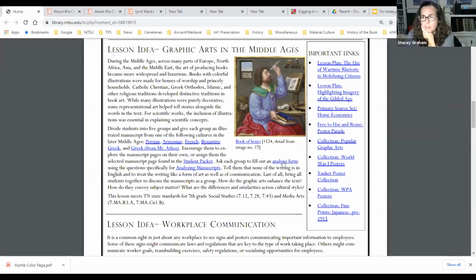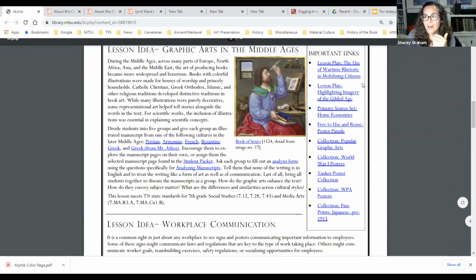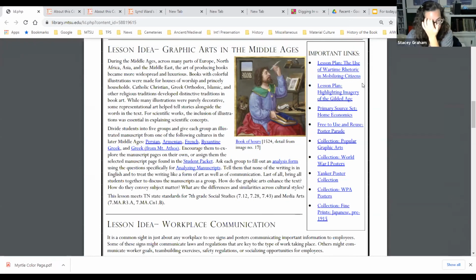We do have some lesson plans that use posters, use graphic media as the primary source format, including one about wartime rhetoric and mobilizing citizens that was created by one of our TPS teachers. Imagery of the Gilded Age, that's looking at political cartoons from the Gilded Age.